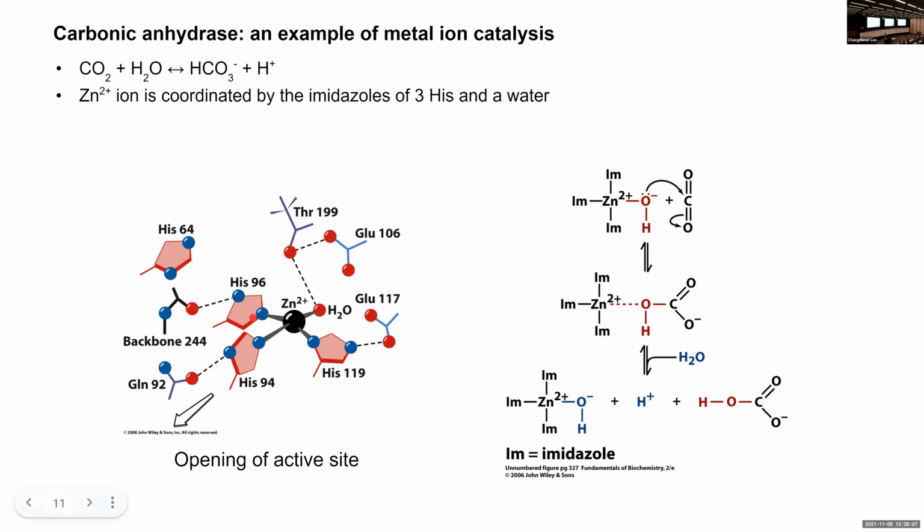That is important for pulling these 3 histidine residues to open the active site, as well as stabilizing a functional group that is critical for this reaction. So here's a carbon dioxide, and the zinc ion is holding these 3 histidines, and histidines have imidazole on their side chains, so it's written as IM here.